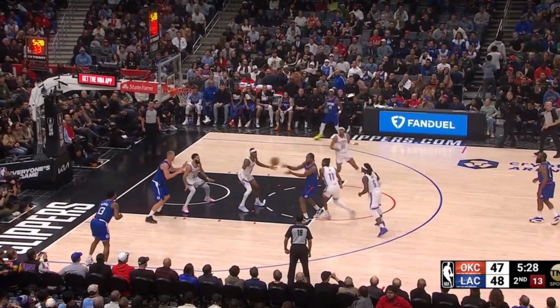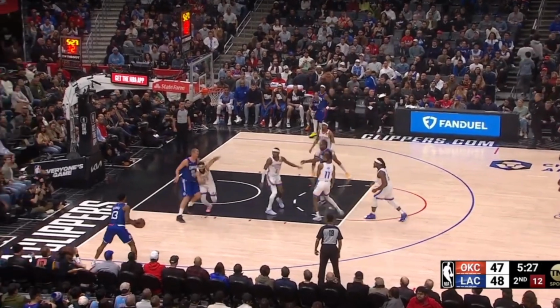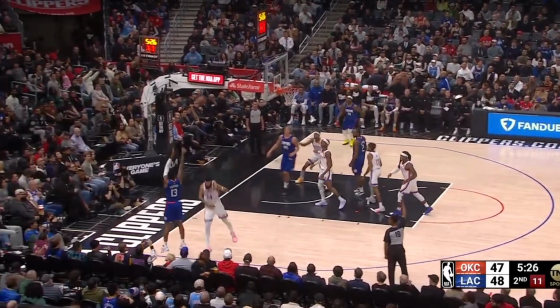He draws the attention of every single defender on the other team, and because Paul George was able to move off ball to get himself out of the key and out to the perimeter, no defensive players followed him because they're not paying attention to him, they're paying attention to the ball. Now, because he moved off ball, he is wide open for that three-point shot.